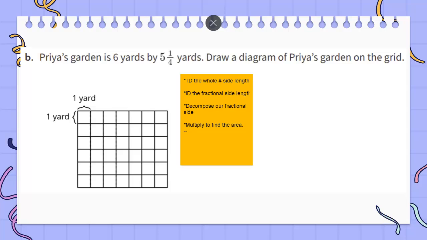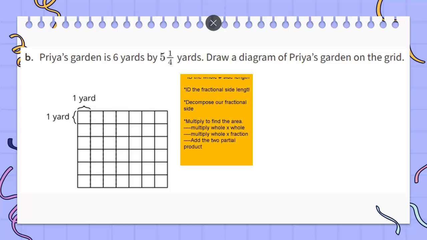First, we're going to multiply whole times whole. Then we're going to multiply whole times fraction. And then after that, we're going to add the two partial products. Okay.